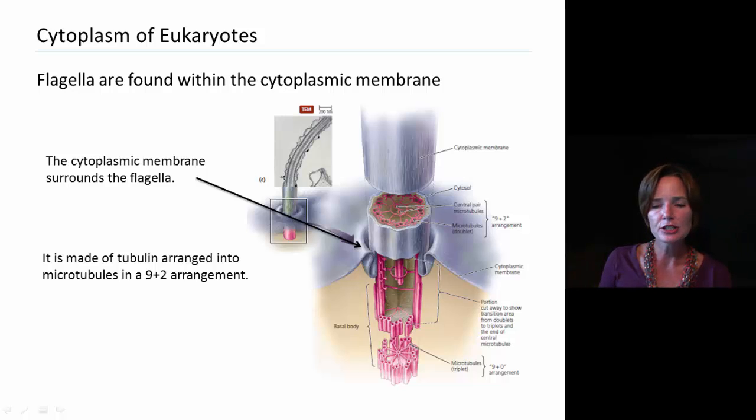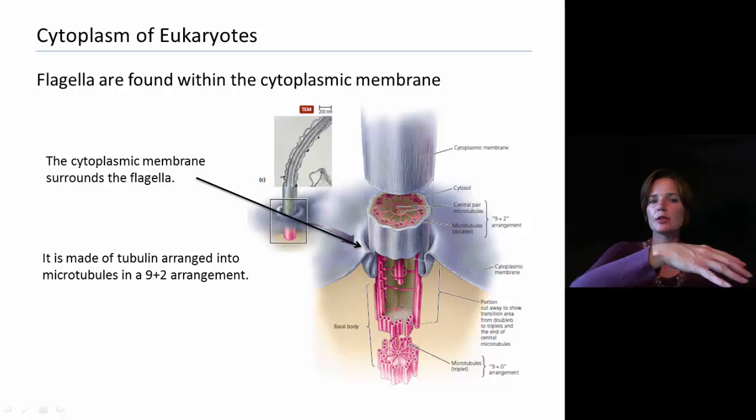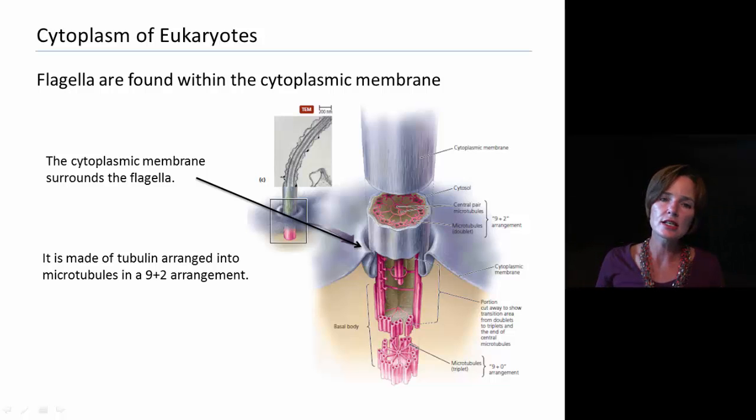What the 9+2 arrangement is referring to is that we're going to have 2 microtubules in the middle, and then 9 of them arranged around the outside. So that's the 9+2. In bacterial cells, it is going to be a completely different protein, and it is also not going to have these central ones that everything else is surrounding on the outside.